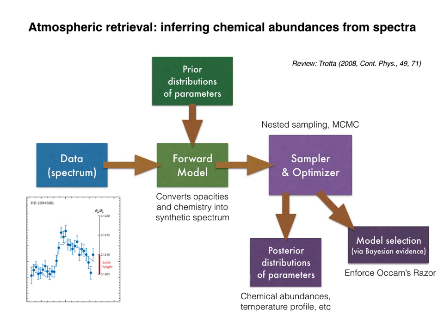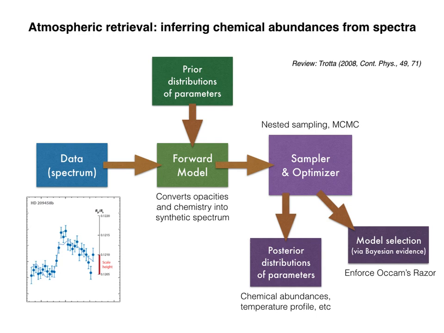So for example, a reasonable prior belief is that certain quantities can only be positive and not negative. And you probably have some prior beliefs about the maximum or minimum temperature in an atmosphere. So you put these into your forward model, and you explore the multi-parameter space using a sampler and optimizer.